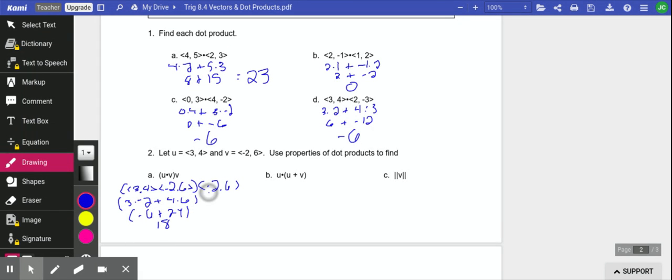Now, I didn't write this, but we still have this vector v here. So we need to take, well, that doesn't seem right. Is it right? I did everything right? Yep. Negative 6, and 24. Okay, that looks fine. And then we're just going to multiply both these things by 18. We get negative 36, and that's a big number, 108.